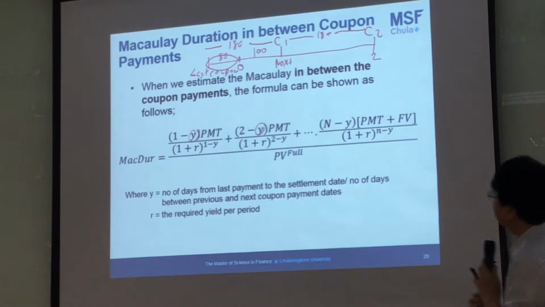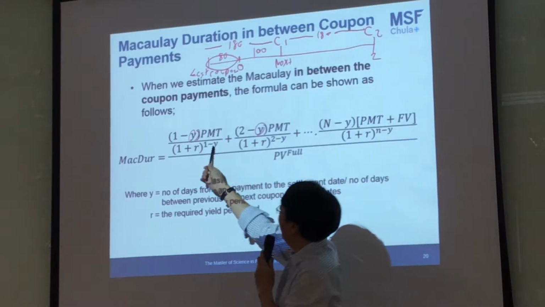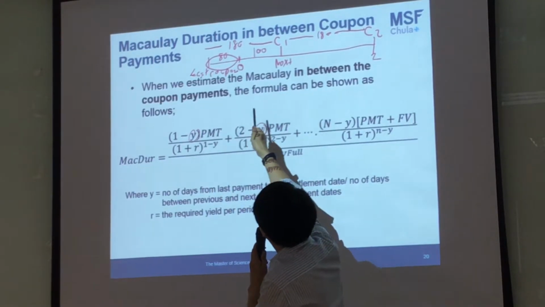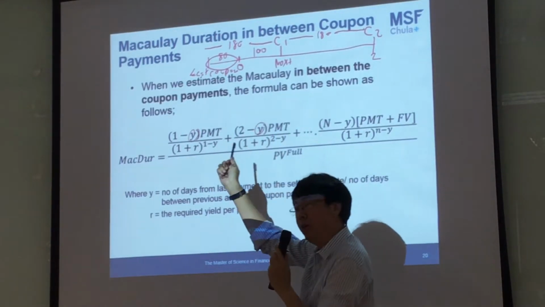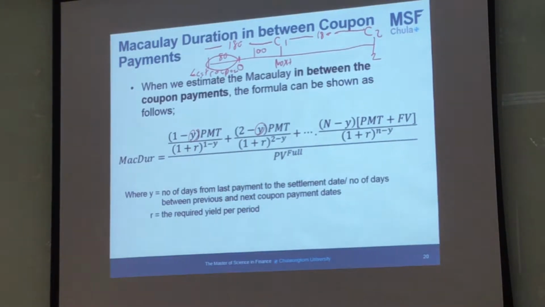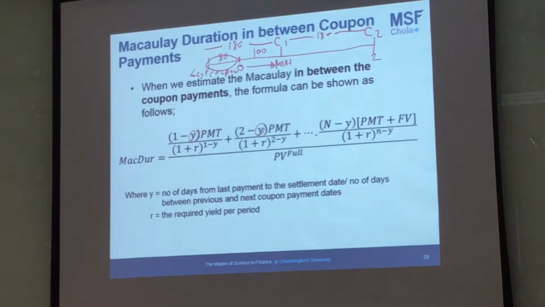That's the same idea for why we take the power of 1 minus y. From time 0, the first coupon payment is not 1 period away, but 1 minus y periods. And 1 minus y is the part after the first 80 days since the last coupon payment.